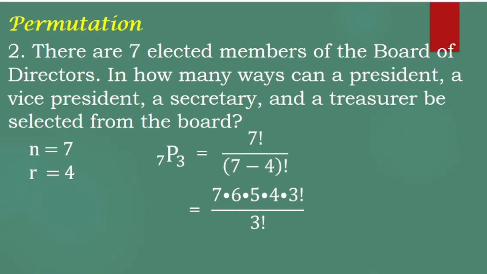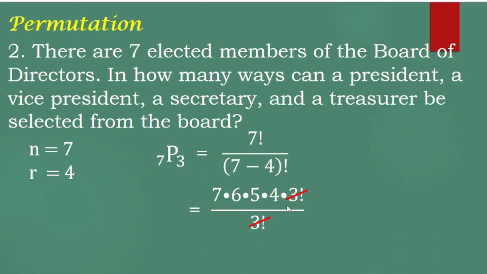Okay, so we need to eliminate the 3 factorial because our denominator here is 3 factorial also. So we cancel the 3 factorial as well as the 3 factorial. We have the remaining numbers here: 7, 6, 5, 4.